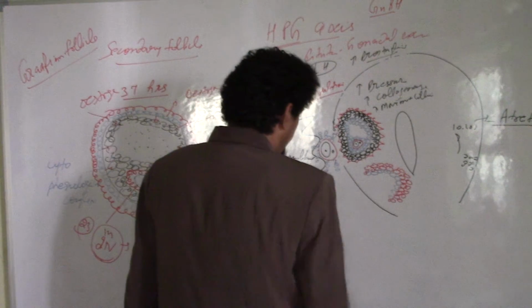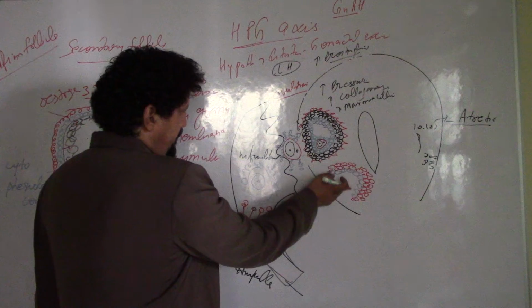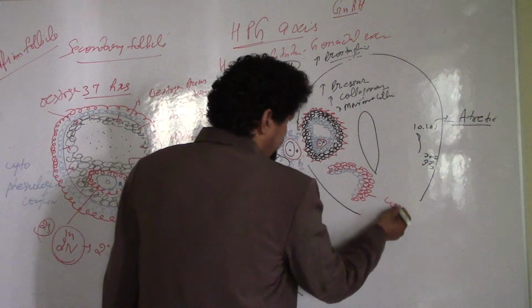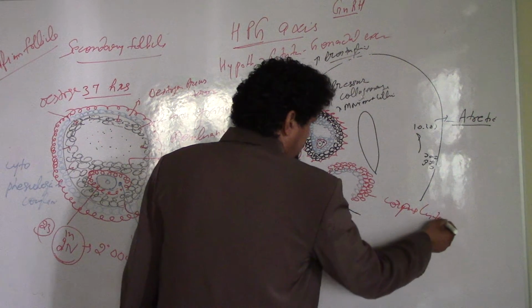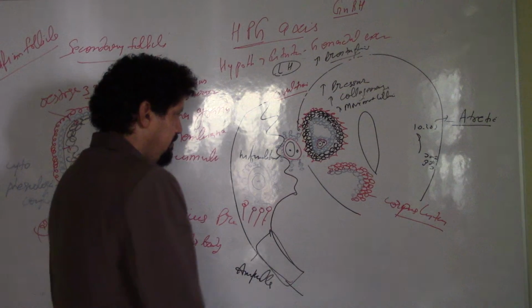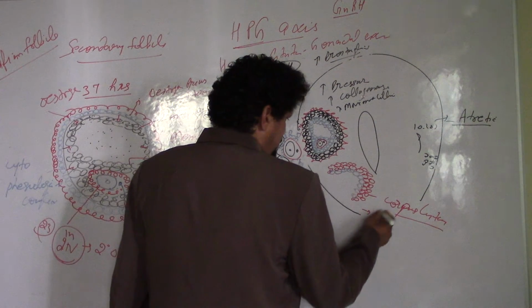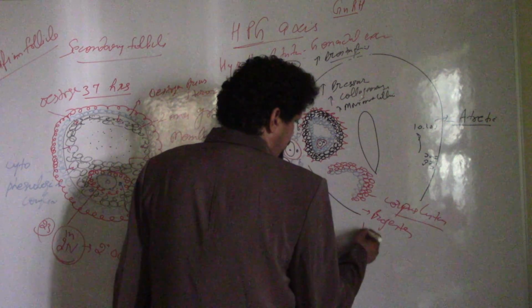Now, the remaining part of the Graafian follicle is known as the corpus luteum, and it will act as an endocrine gland and secrete the majority amount of progesterone and a small amount of estrogen.